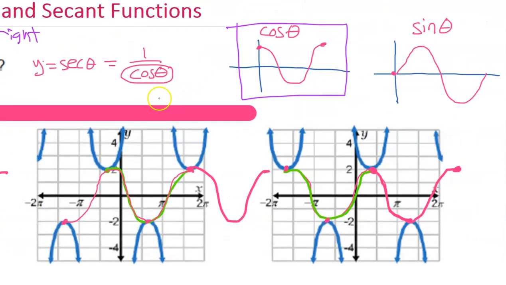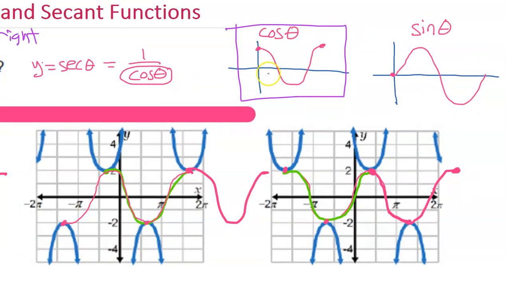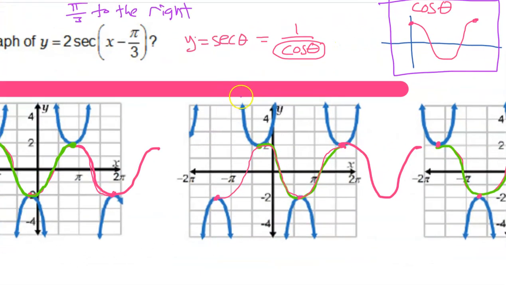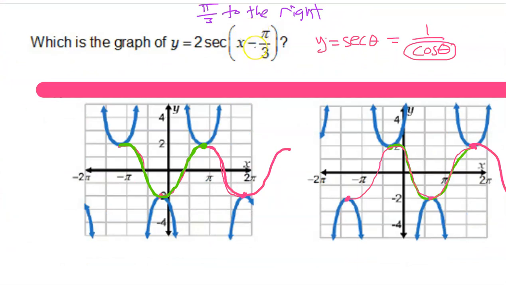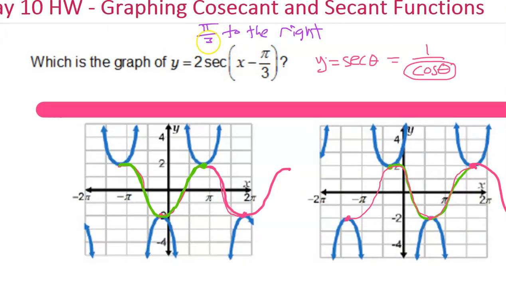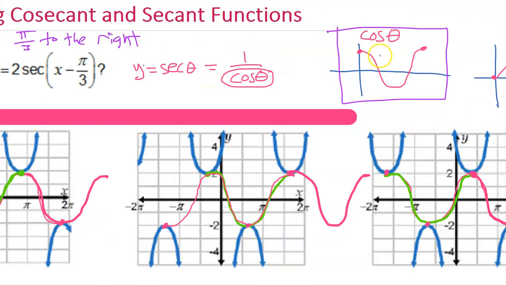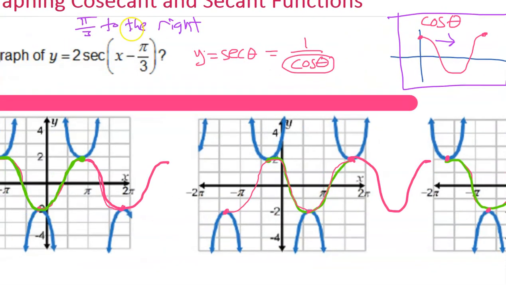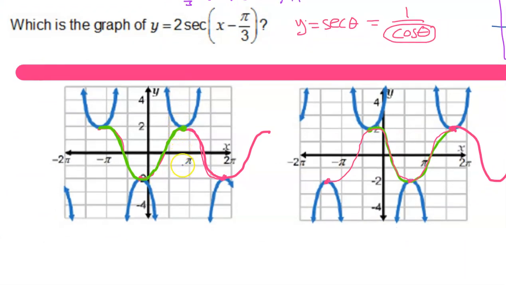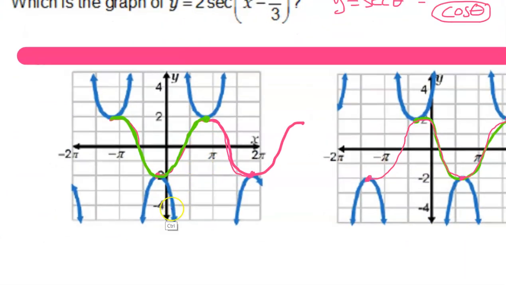Normally cosine starts right at the y-axis, and it does this little U pattern. But because we have this minus pi over 3, this phase shift, I'm looking for this U pattern to be shifted over to the right by pi over 3. Remember, pi over 3 is 1/3 of pi. So look at these graphs.